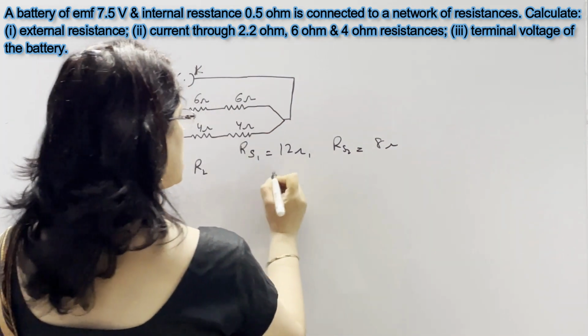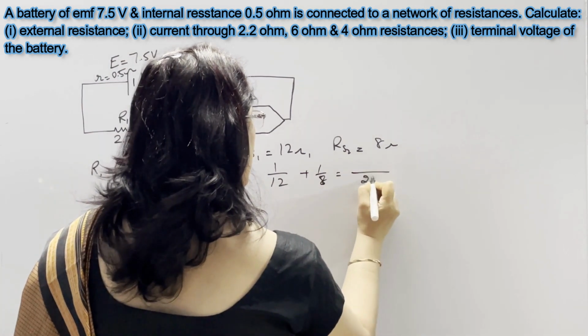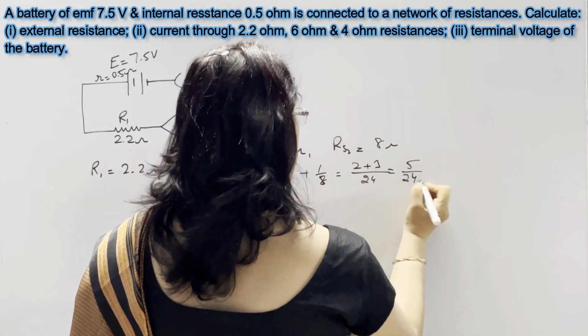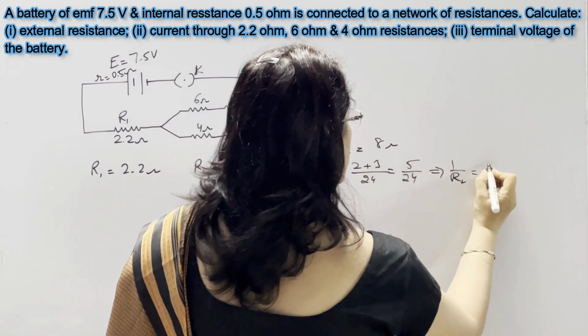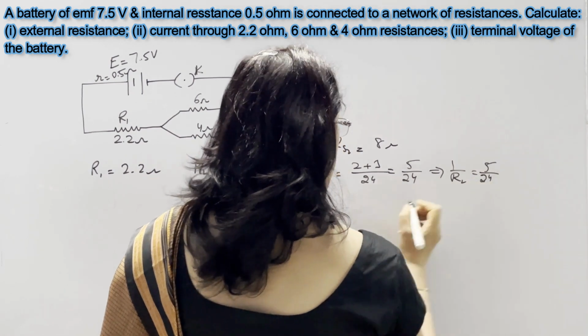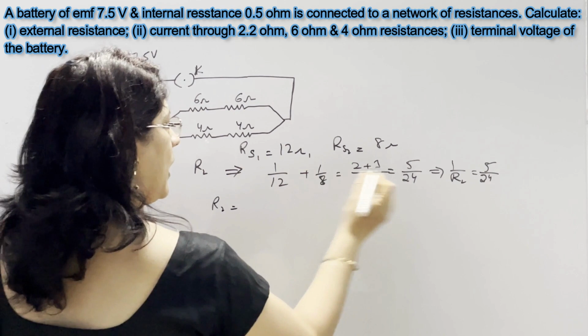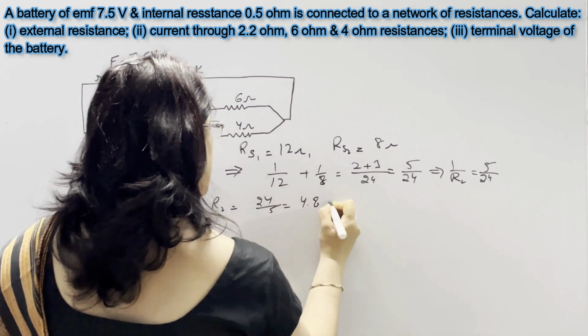Now the parallel combination of 12 and 8: LCM is 24, so 12 goes 2 times and 8 goes 3 times, so 5 upon 24. It means 1 upon R2 is equal to 5 upon 24. So R2 is equal to 24 upon 5, it means 4.8 ohm.